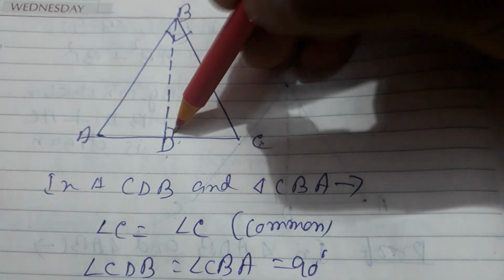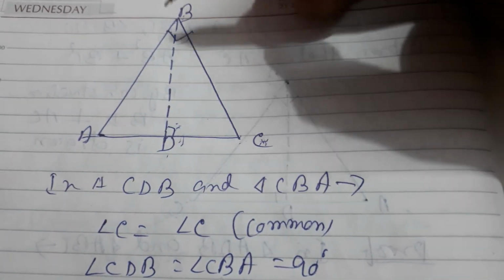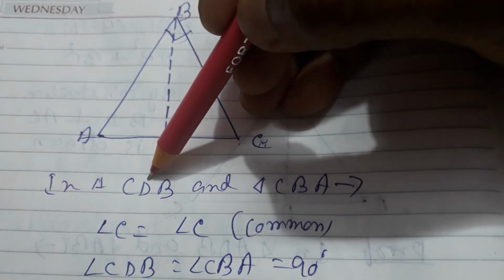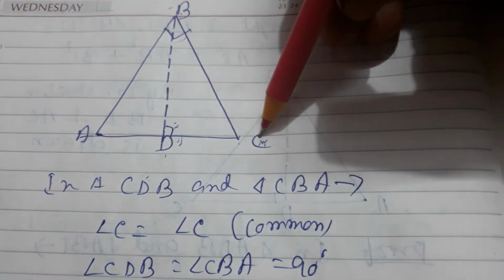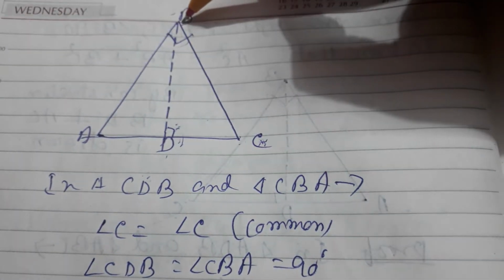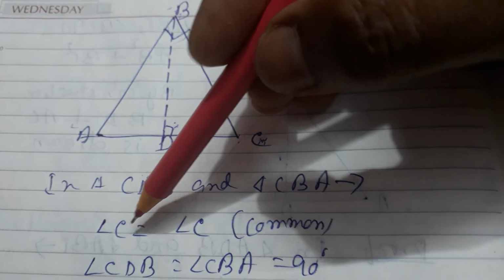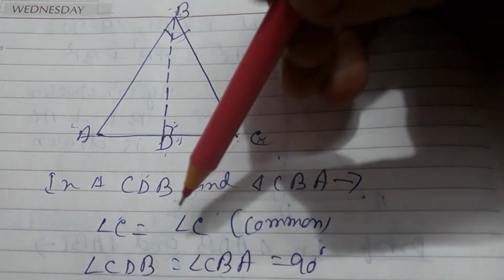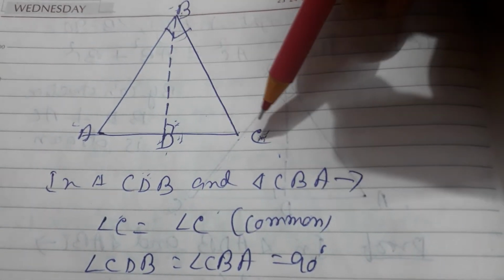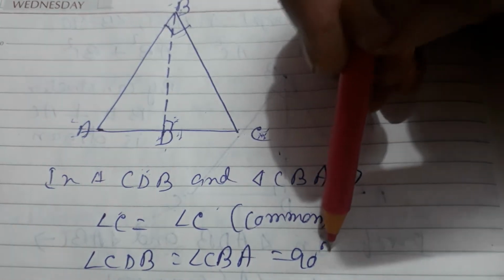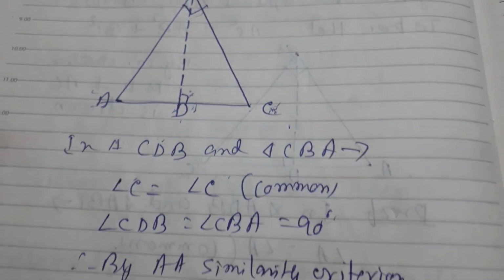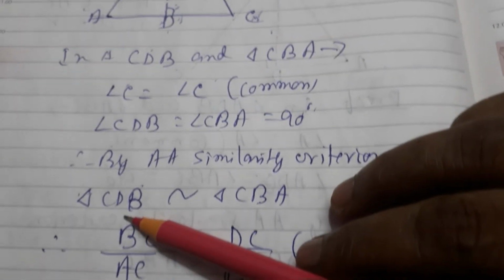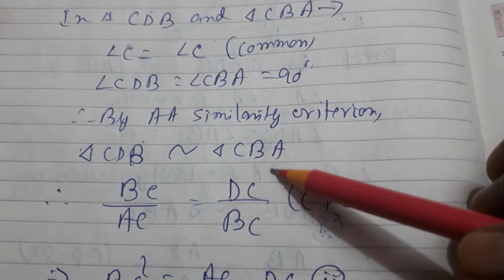Okay, CDB 90 and CBA 90. So you take the triangles as triangle CDB and triangle CBA. Angle C equal to angle C common, angle CDB equal to angle CBA equal to 90 degree. Now by AA similarity criterion, triangle CDB similar triangle CBA.